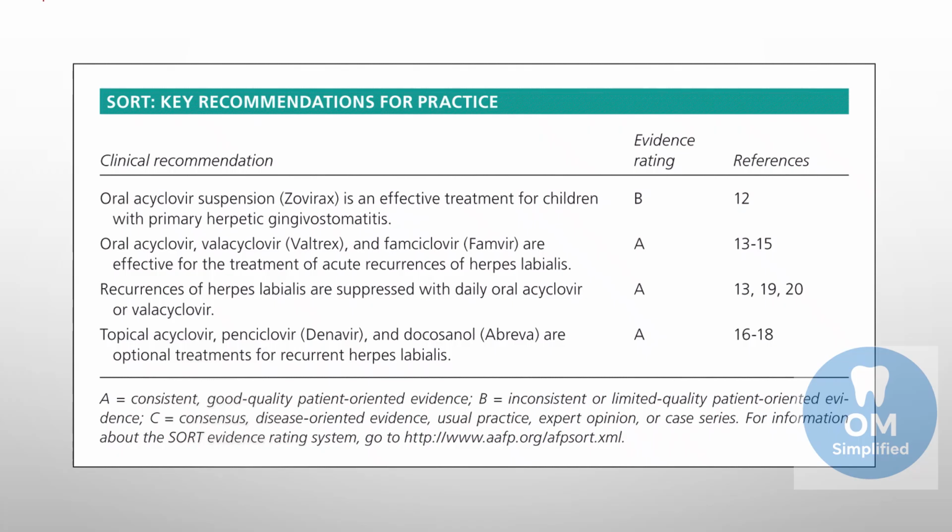Oral acyclovir suspensions are given for the effective treatment of children with primary herpetic gingivostomatitis, and oral acyclovir, valacyclovir, and famciclovir are given in the acute recurrences of herpes labialis, whereas topical acyclovir, penciclovir, and docosanol are given as optional treatments for recurrent herpes labialis. We can also prescribe a daily dose for oral acyclovir and valacyclovir in patients who have recurrences of herpes labialis.